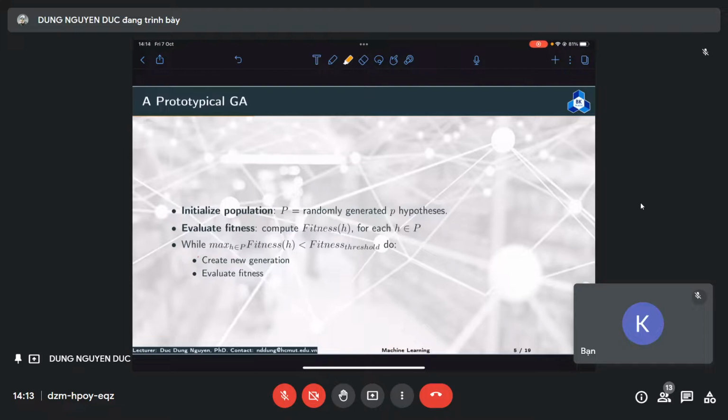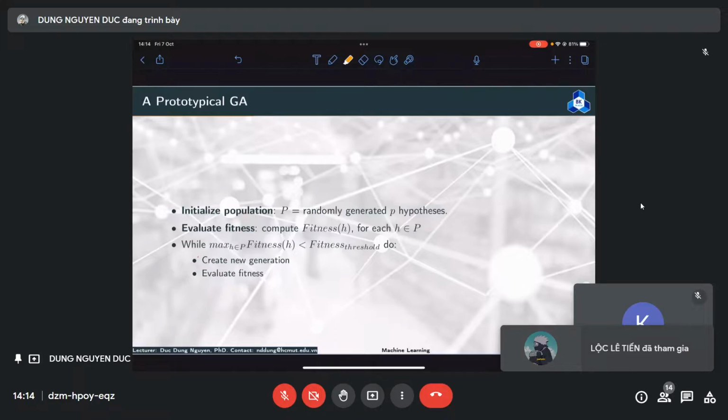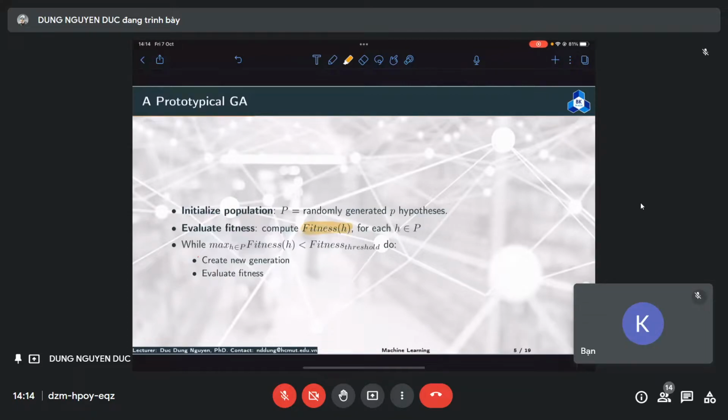And for one round, we are going to evaluate the fitness of each hypothesis. The fitness is a function that measures how good your solution is. Okay. Then we are looking for some hypothesis that satisfies our condition. For example, I'm looking for a good solution, but how good is enough? You need a threshold, right?